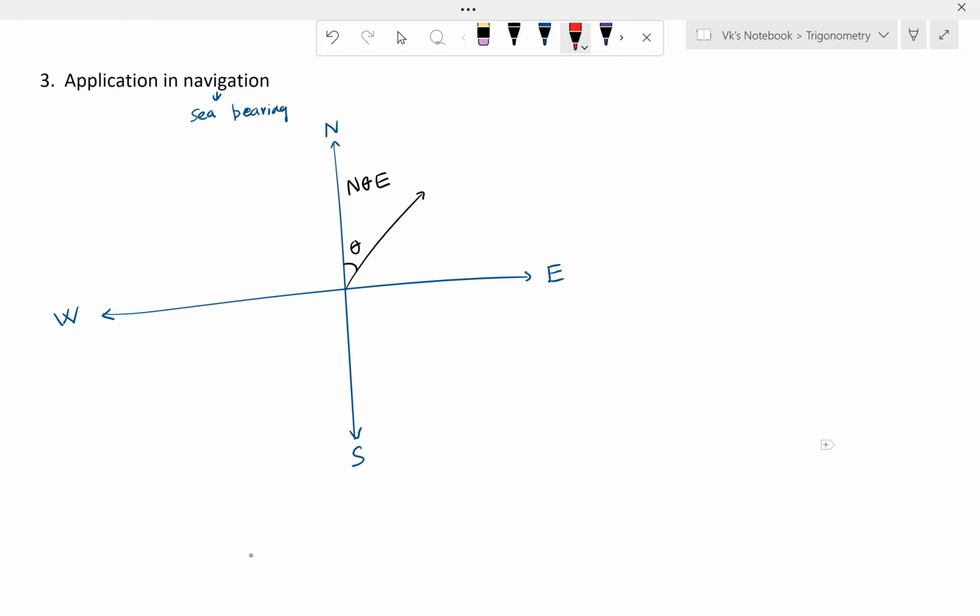And if we travel in this direction here, this would be the angle theta. So the bearing is south theta west.